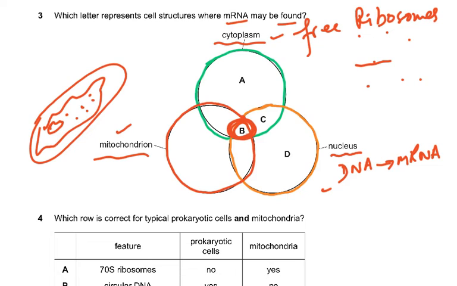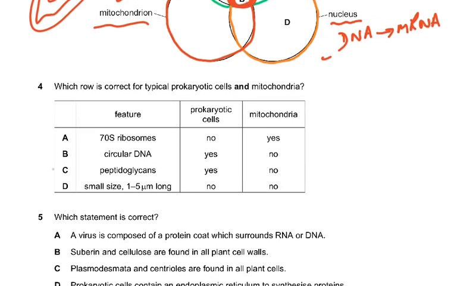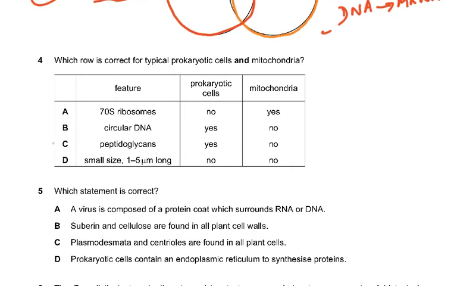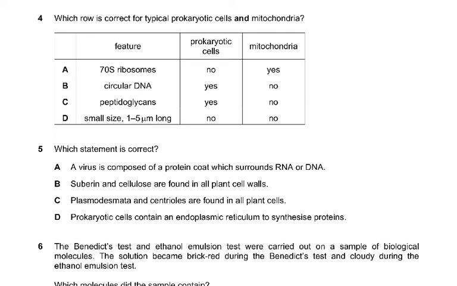Then coming on to question number 4: which row is correct for typical prokaryotic cells and mitochondrion? Well, you know prokaryotic cells and mitochondrion have nearly the same size, so this is wrong.